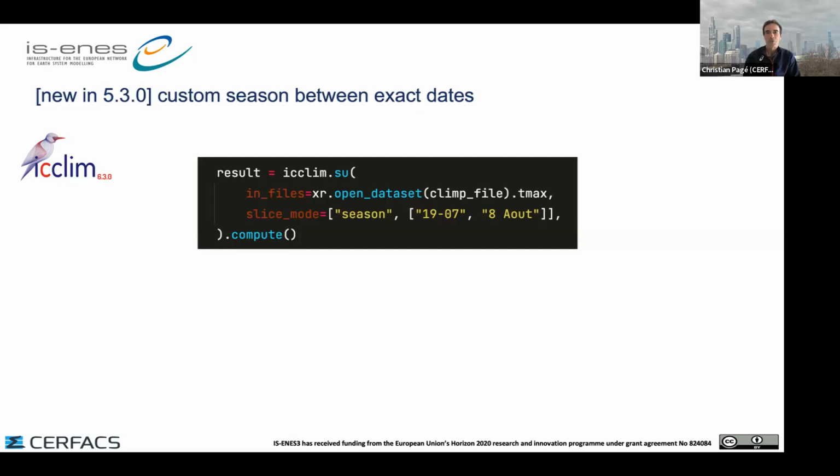This is a random example, 19 July to 8 August. We see that we can also write the date in different formats. This is possible using Pandas. For those of you who know Pandas, you can write those dates in plain language or as you wish, because it supports many different formats.